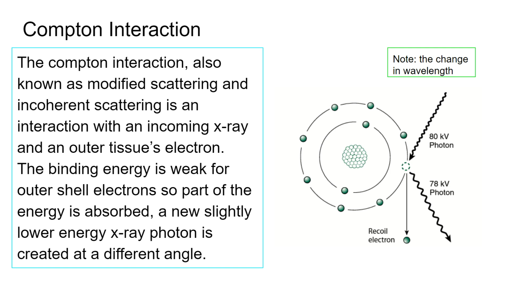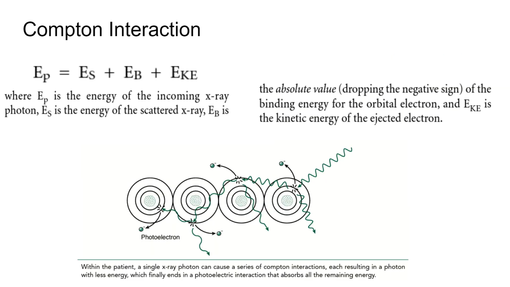Little tiny photons don't create Compton. Compton goes up. We'll get to that in a second. Compton goes up when you increase your kV. Or just use more than you should have.